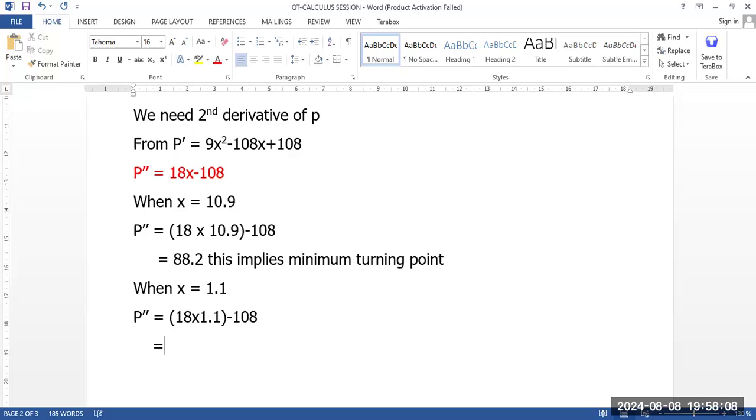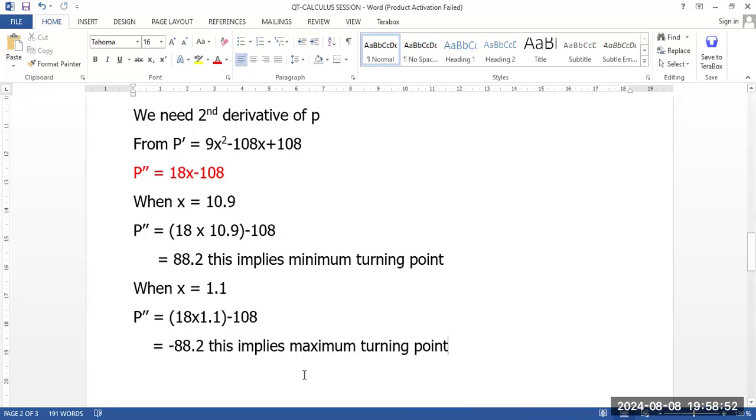What do you get? Do you get negative 88.2? Negative 88.2. And this implies what? Maximum turning point.